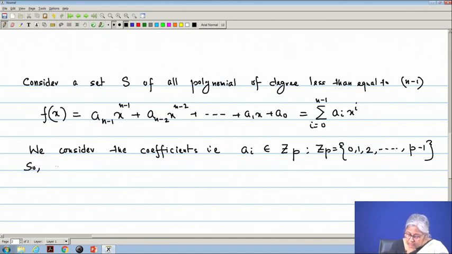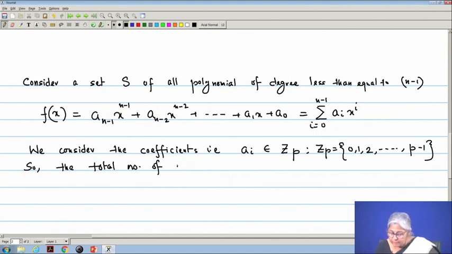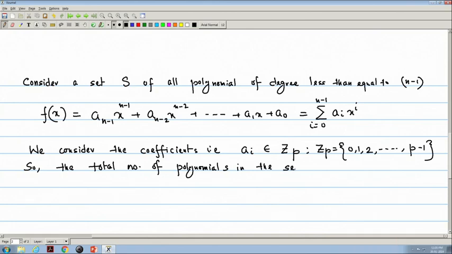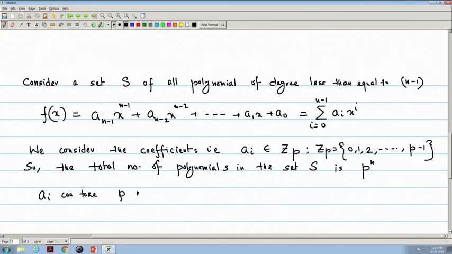So, the total number of polynomials in the set is p to the power n, because each a_i can take p number of values, that is 0, 1, 2 to p minus 1, as a_i belongs to Z_p and Z_p is 0 to p minus 1.